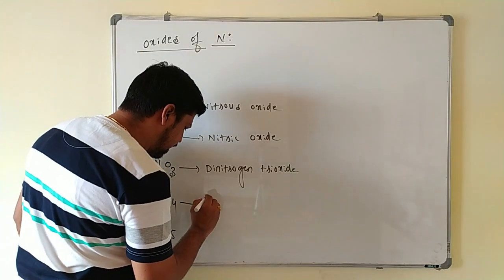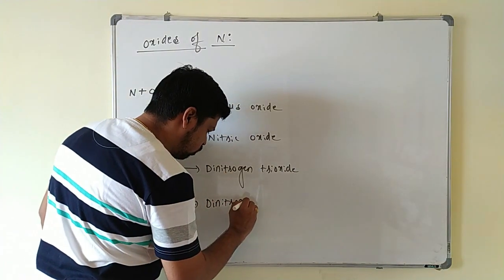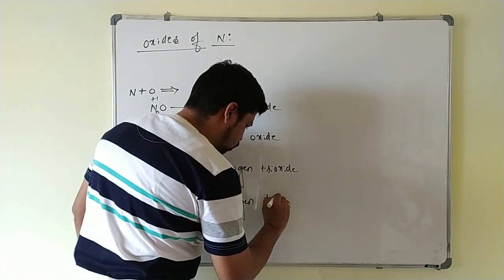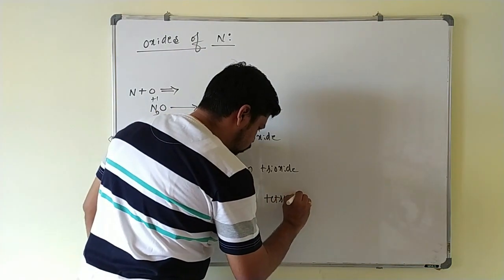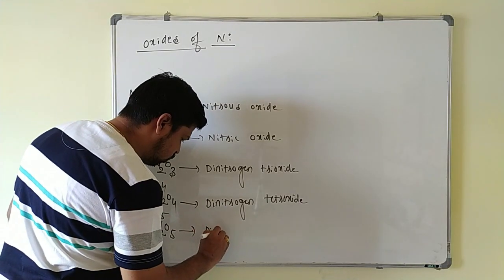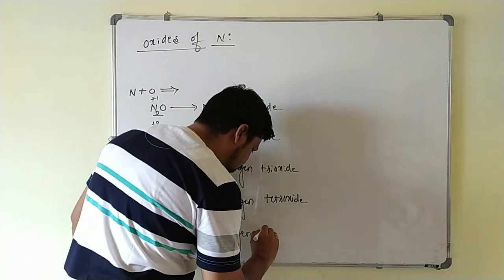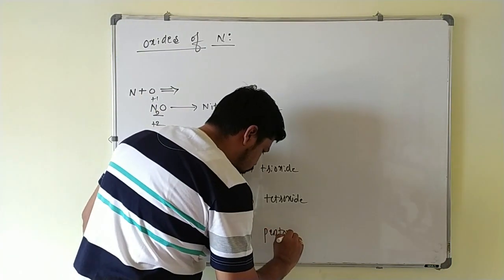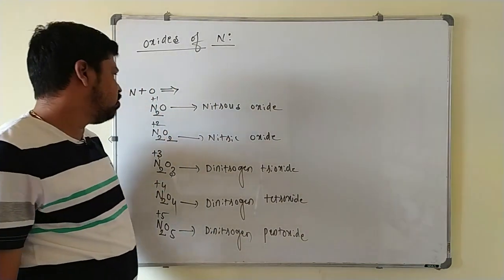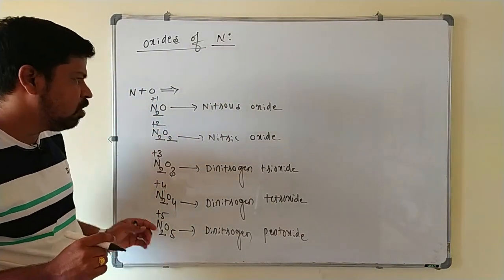N2O4 is called dinitrogen tetroxide. N2O5 is dinitrogen pentoxide. So these are the oxides of nitrogen. Nitrogen forms 5 oxides with oxygen.